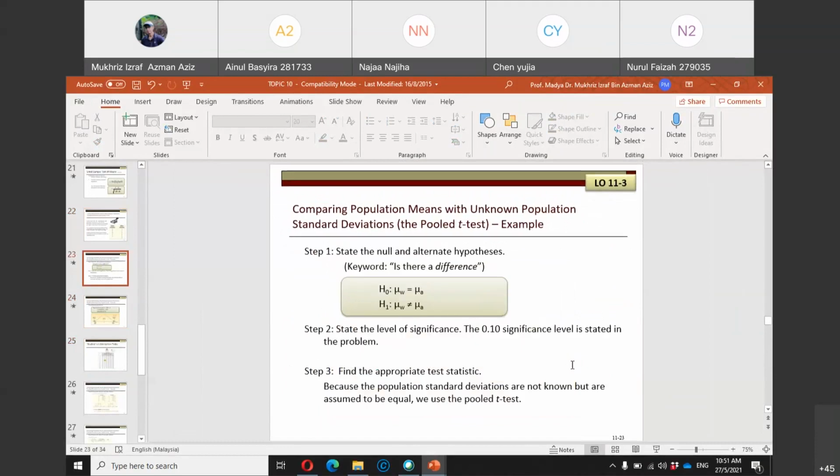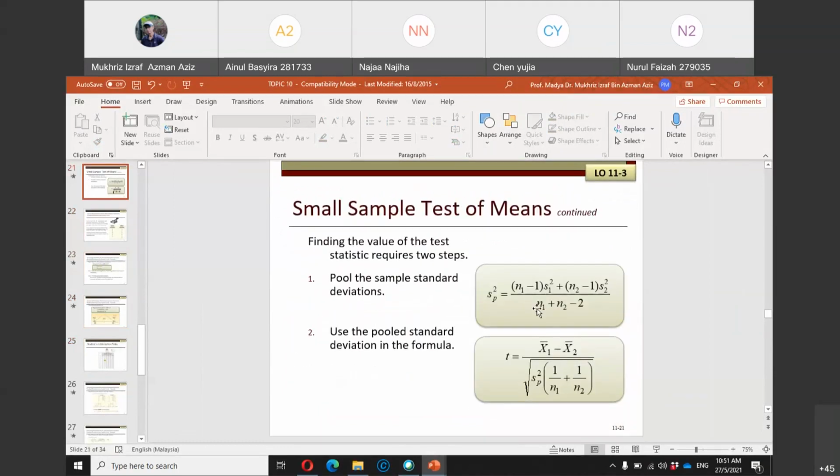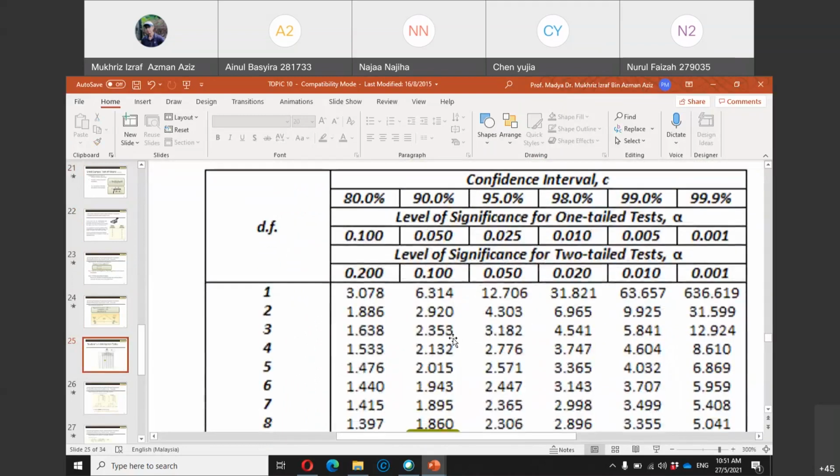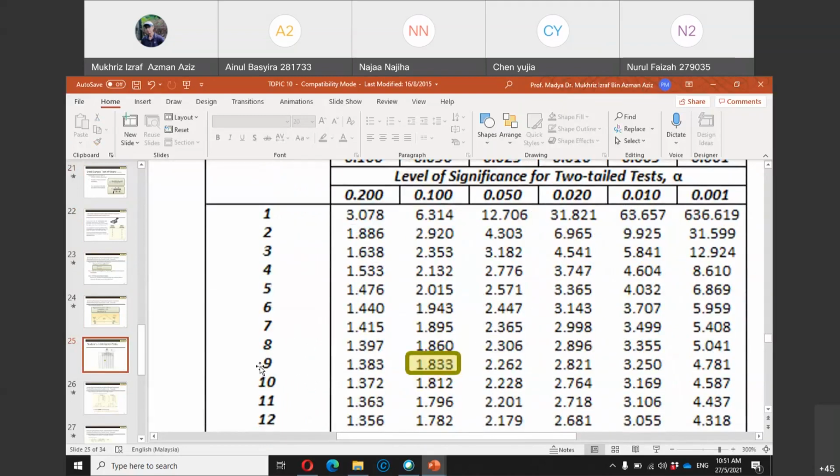If you remember the formula, N1 plus N2 minus 2, 5 plus 6 is 11, minus 2 equals 9. So you are going to use 9 as your degrees of freedom in the T table. You obtain 9 by N1 plus N2 minus 2, 5 plus 6 minus 2.